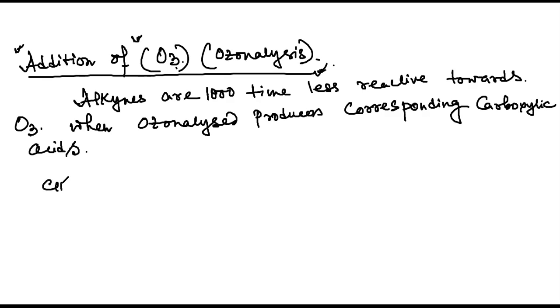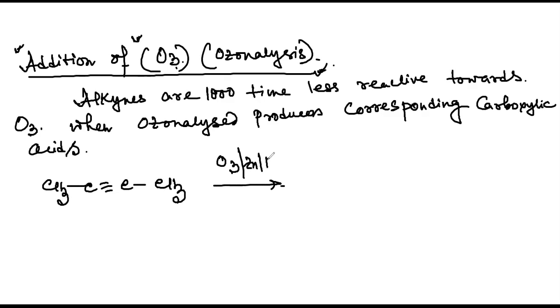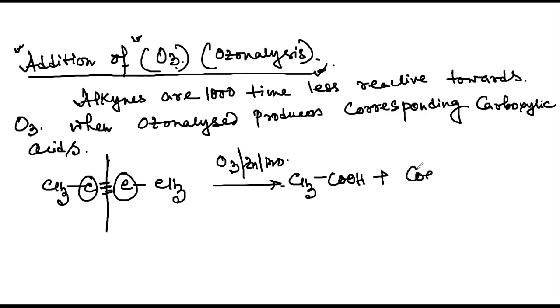You can see here CH3, C triple bond C single bond CH3. If you break here, the two carbon atoms which are with the triple bond, you can make these two carbon atoms into COOH groups. COOH plus COOH single bond CH3.